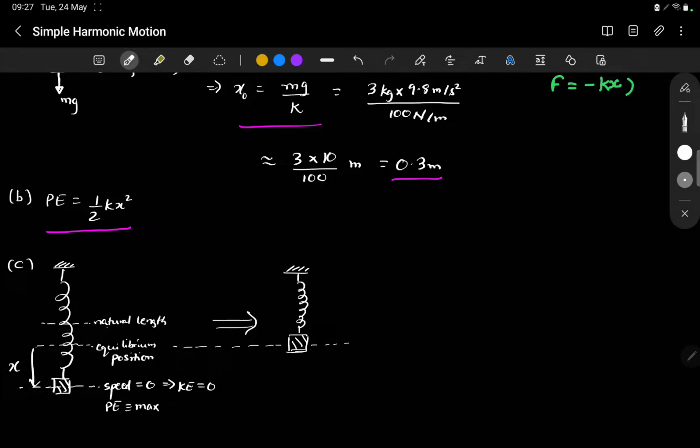So at this point the potential energy is minimum, which we can set to be equal to 0, because this is the equilibrium position.